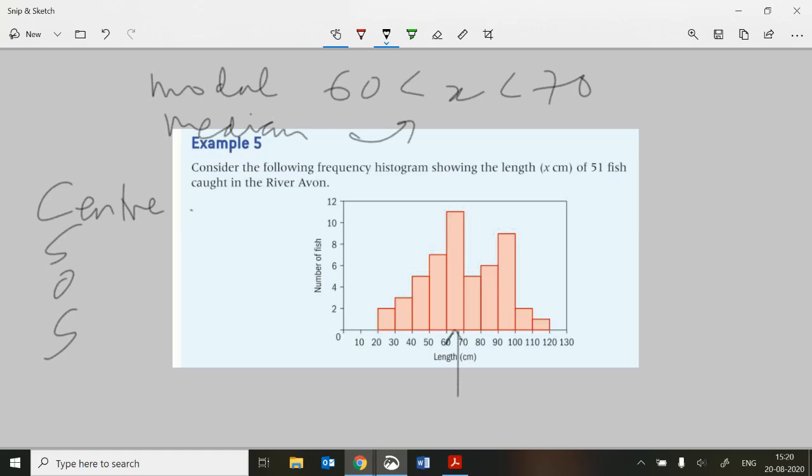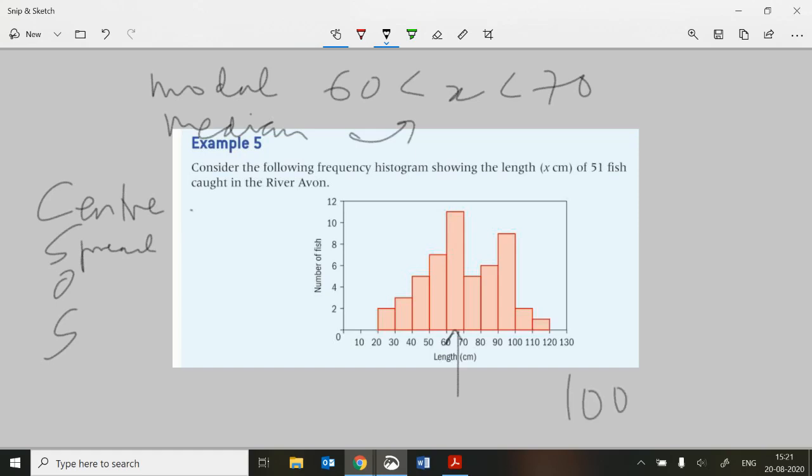Okay, S, what does S stand for? Spread, I think, the spread. Okay, so the spread of these values here is between 20 and 120. So we can talk about the range. And if we're describing the distribution, it's perhaps even better to talk about the lowest value and the highest value, because that gives us more information than just the range.